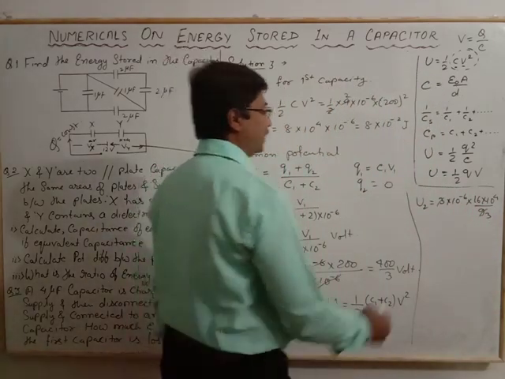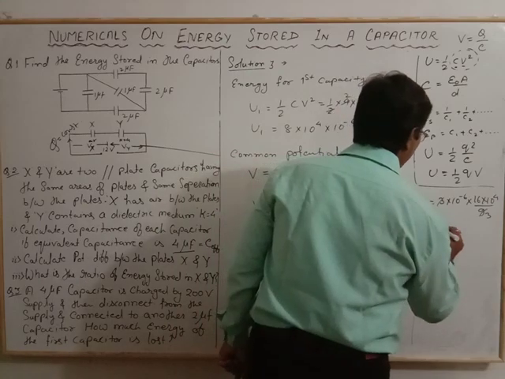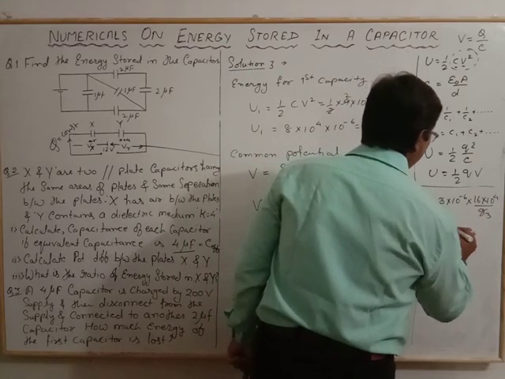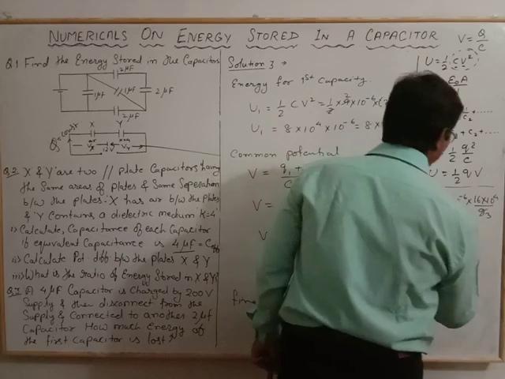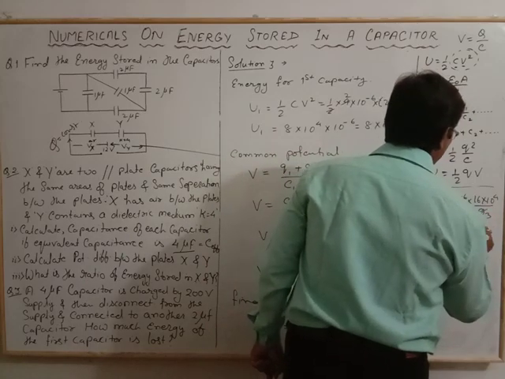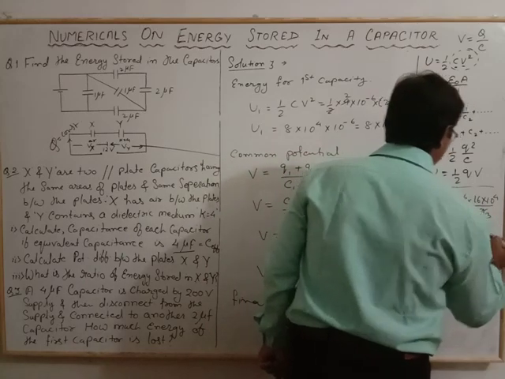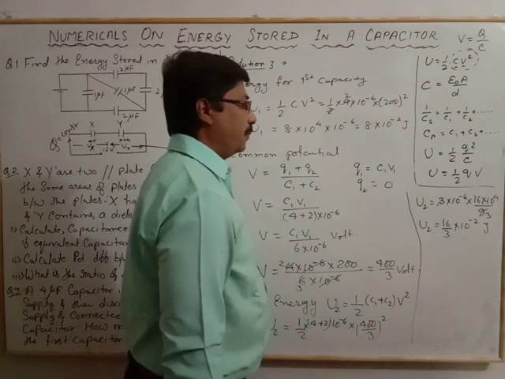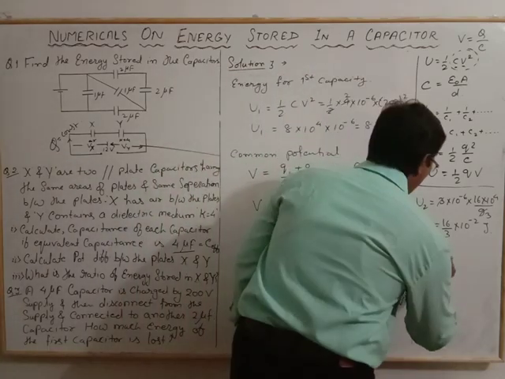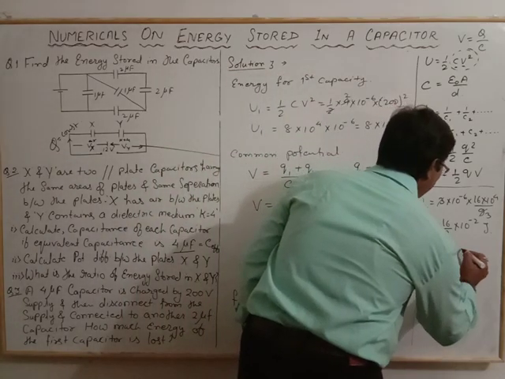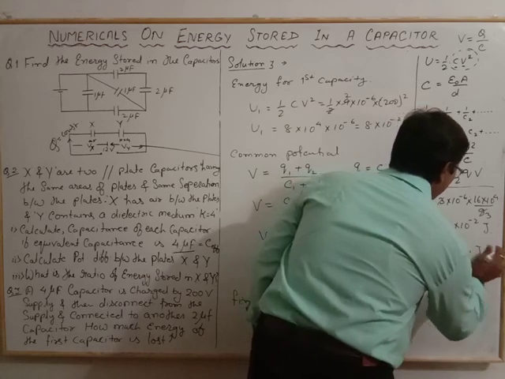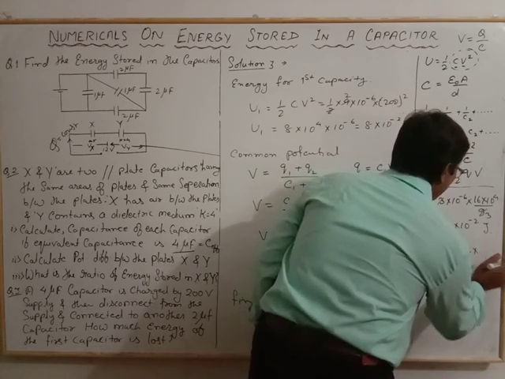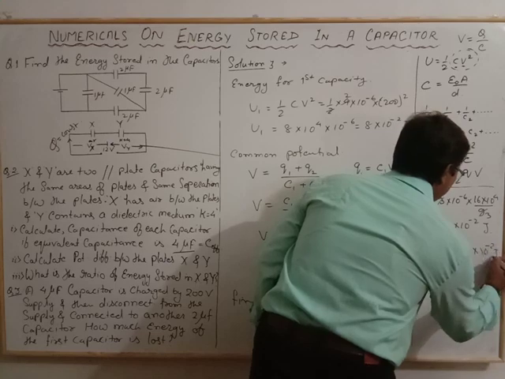So we have U2 equal to 16 divided by 3 into 10 to the power minus 2 joule. Or we write it as 5.33 into 10 to the power minus 2 joule.